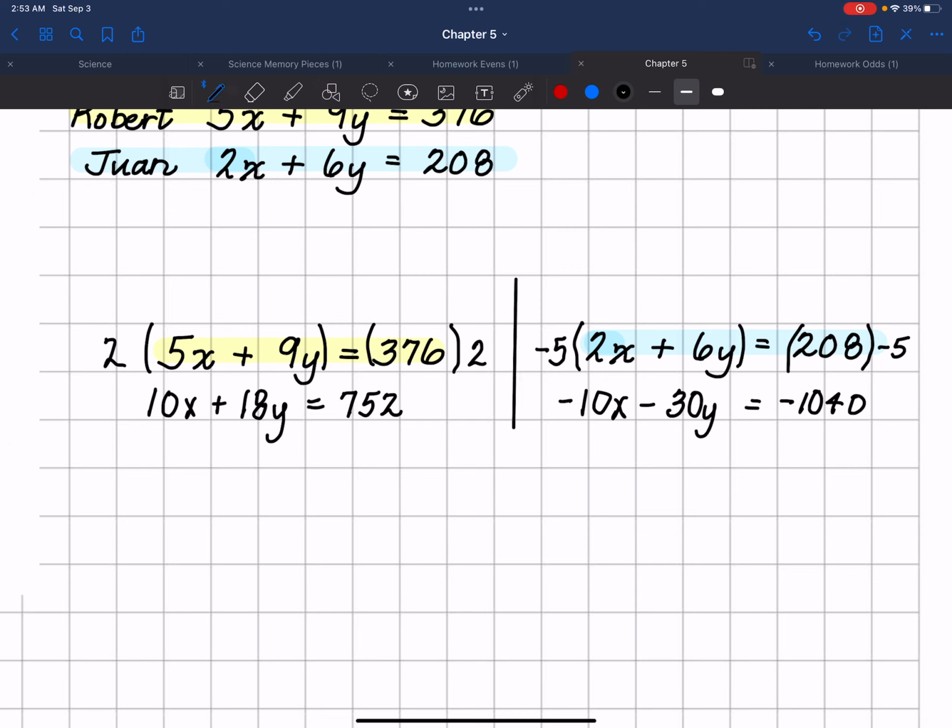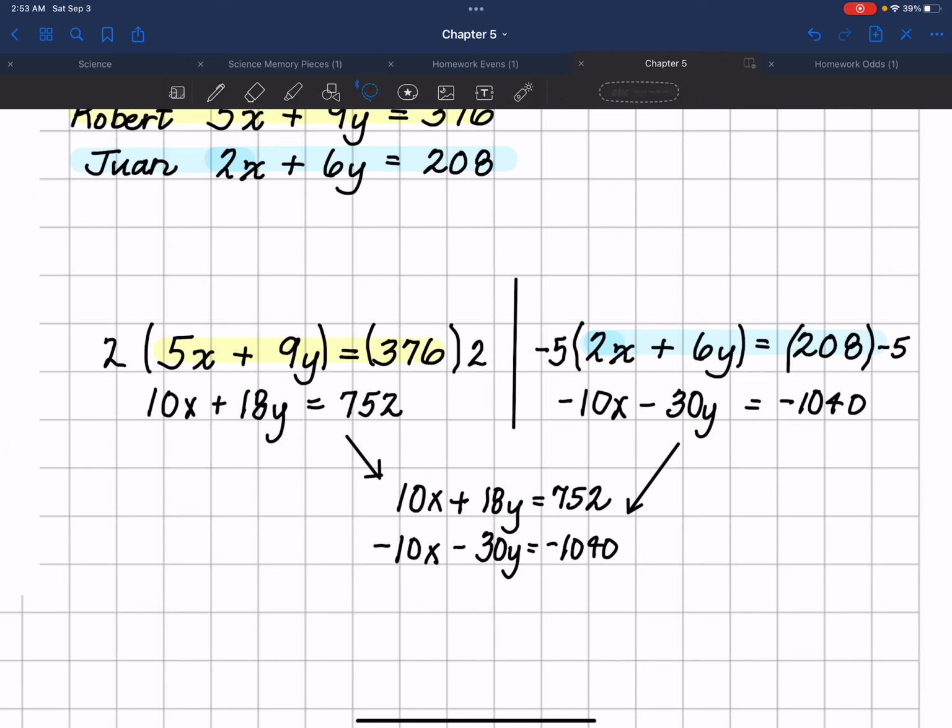Well, here's why. Because when I bring this equation down, that's this one, and then I'll bring this one down here. So I have negative 10x minus 30y equals negative 1040.